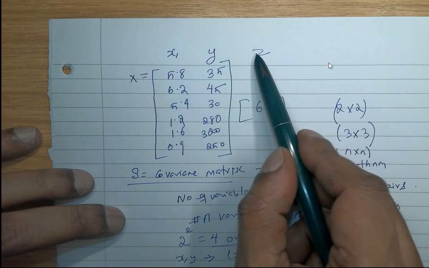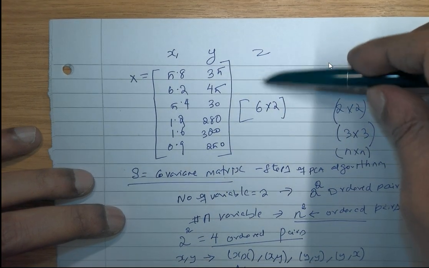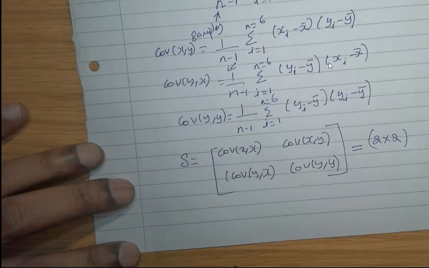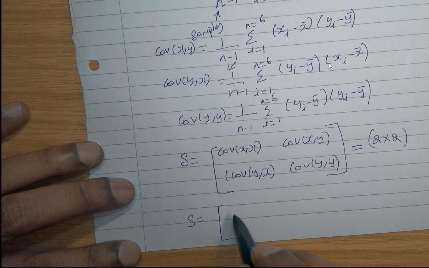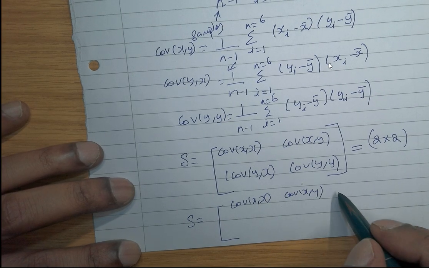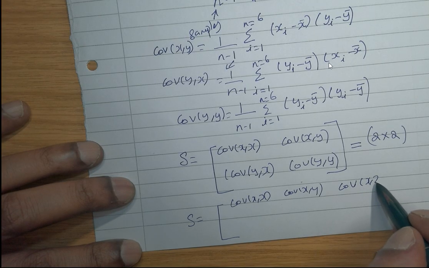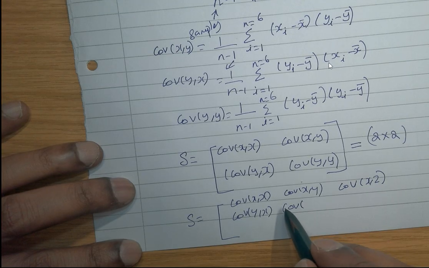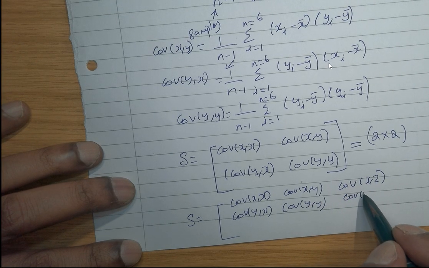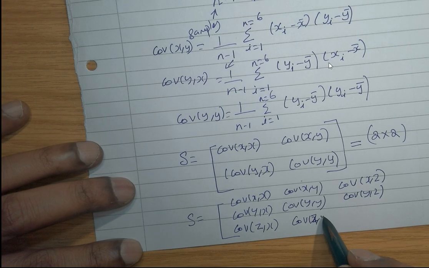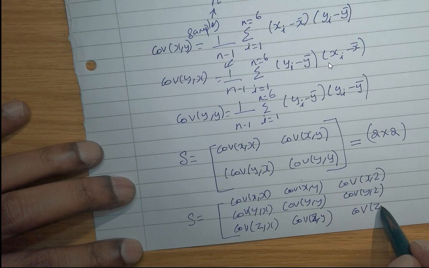Let's say you have one more variable here, z. That can be an operating temperature, for example. In that case, your covariance matrix will be: covariance of x comma x, covariance of x comma y, covariance of x comma z; then covariance of y comma x, covariance of y comma y, covariance of y comma z; and then covariance of z comma x, covariance of z comma y, and covariance of z comma z.